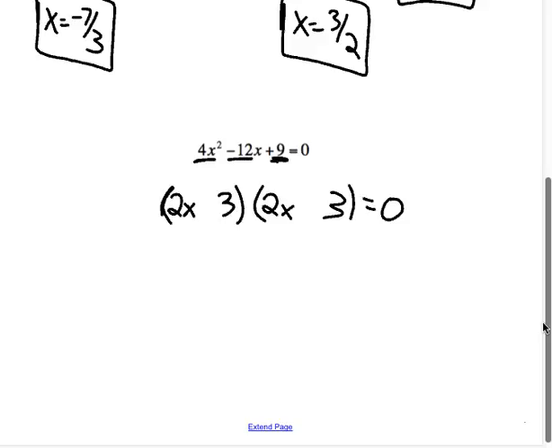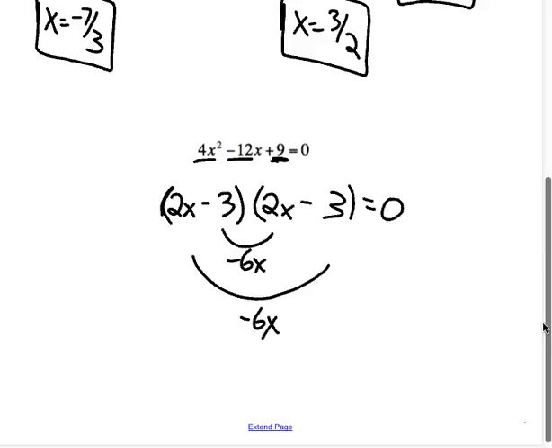Now, how do I get a negative in the middle? Two negatives on the inside because that multiplies to be positive. So that's how I multiply to be positive 9, add to get a negative. Now again, this isn't always going to work, but it's a nice starting point just to check. And now let's see. So here, negative 6x and negative 6x, that did actually give me the negative 12x.